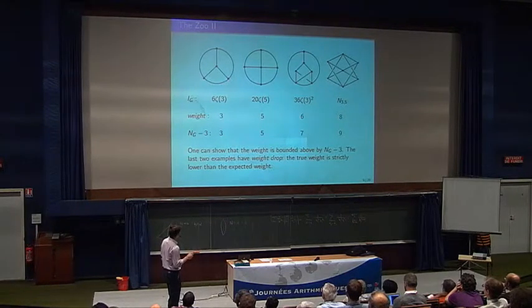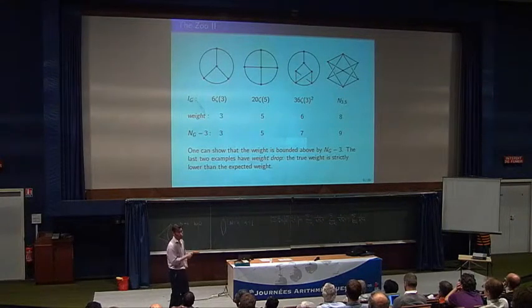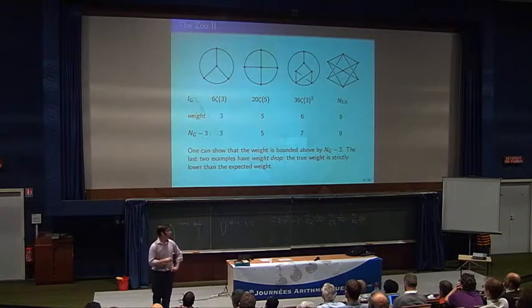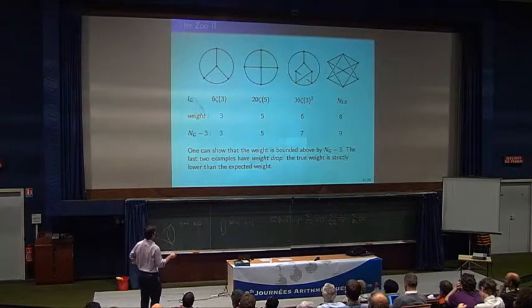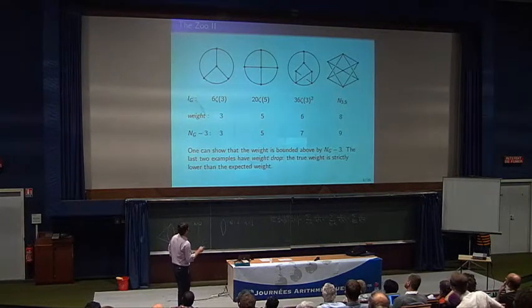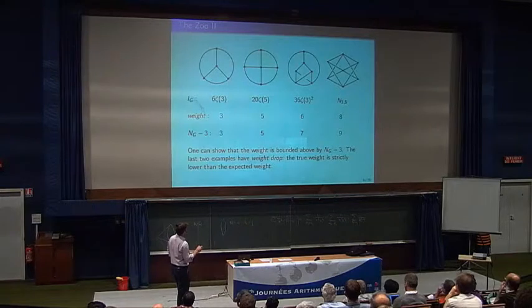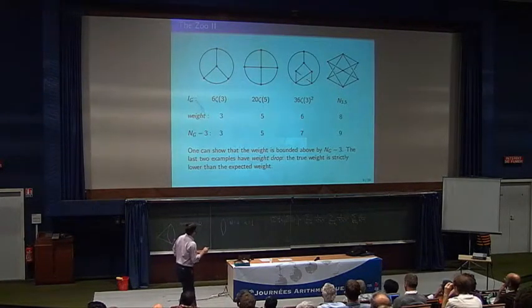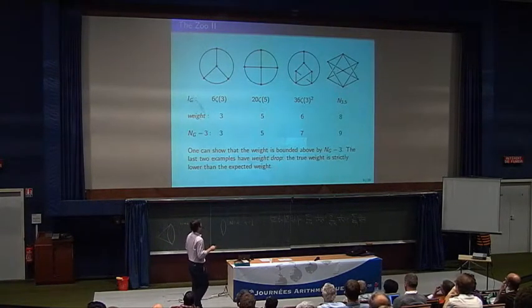In this graph, the amplitude is 36 zeta(3) squared. Recall that weight is additive with respect to multiplication. So the weight is 3 plus 3 equals 6. And the number of edges here is 10. Sorry, it has 10 edges, absolutely. So 10 minus 3 gives 7.